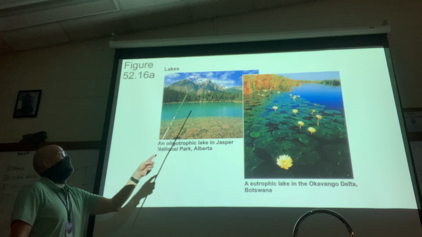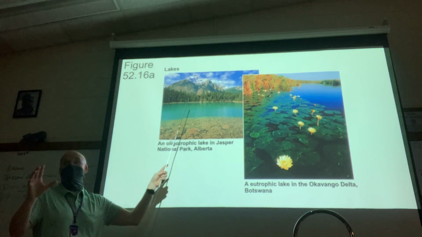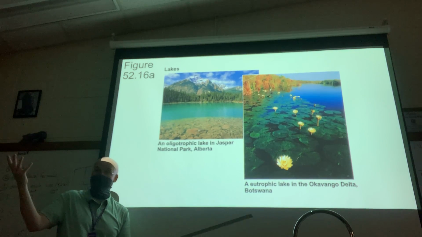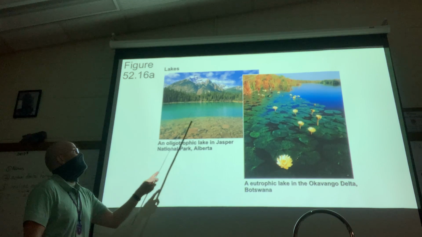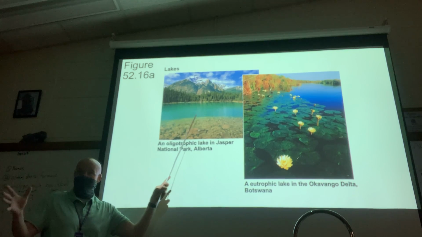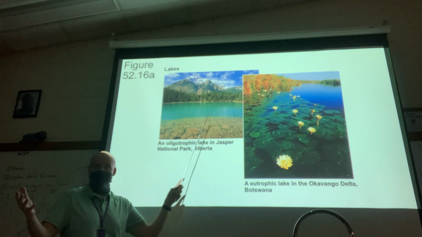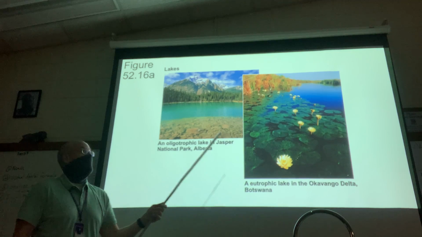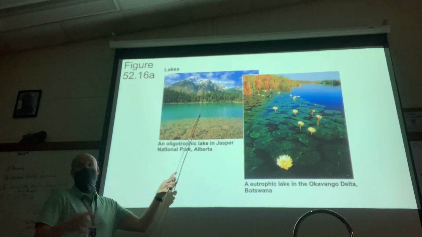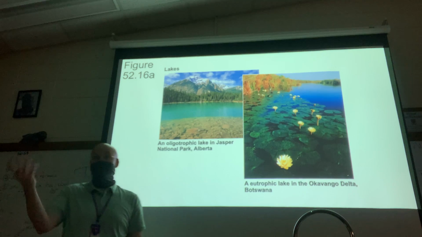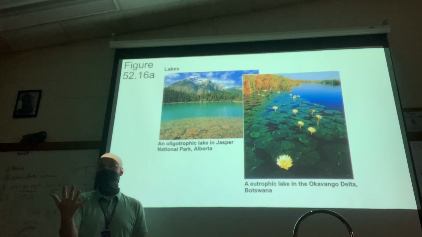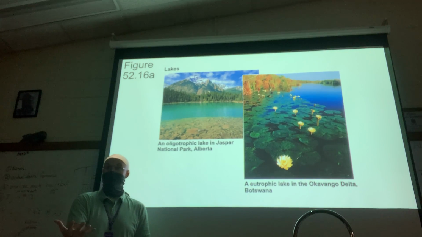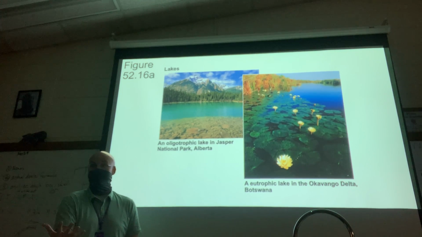And as a result, there aren't a lot of sources of key elements like nitrogen and phosphorus. So there's not much algae growth, and the water is very clear. It's so clear, in Lake Tahoe, you can see leaves sitting on the bottom of the lake, and it'll be like 8 or 10 feet down.